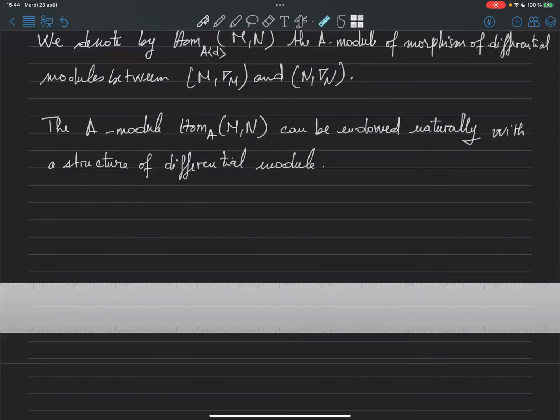To have a structure of differential module, we need, since M is free of finite rank and N is free of finite rank, then it is the same for this one, and it is isomorphic to the A-module of matrices with coefficients in A.